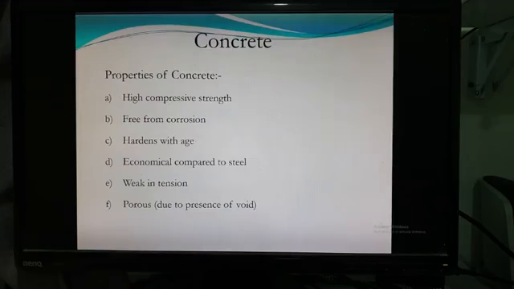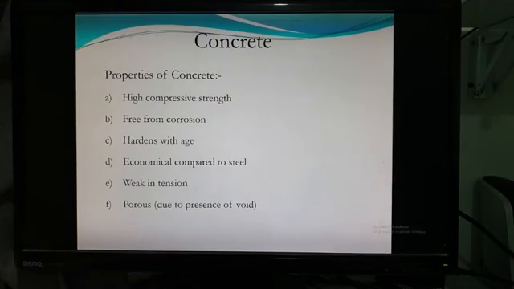And it is economical compared to steel. Even though steel is good against both compression and tension, it is still relatively a lot more expensive compared to concrete. And here in Malaysia, we do have a lot of supply for the ingredients of concrete. So we are a lot more used to concrete compared to steel.